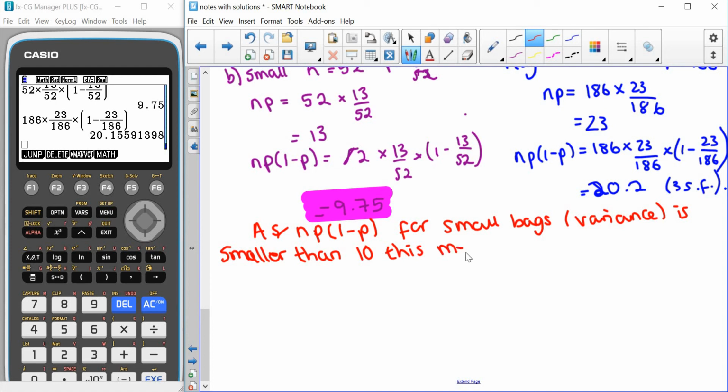This means using the approximation was not justified.